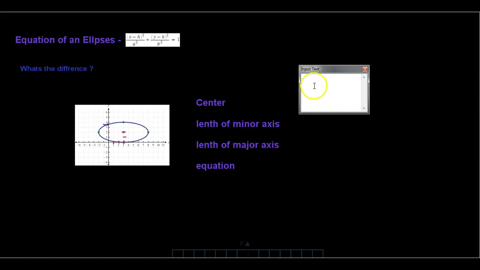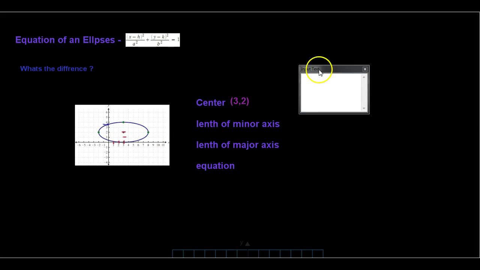Let's get the text box out and write that down, with parentheses, and change it to purple. Okay, so our center is at (3, 2).